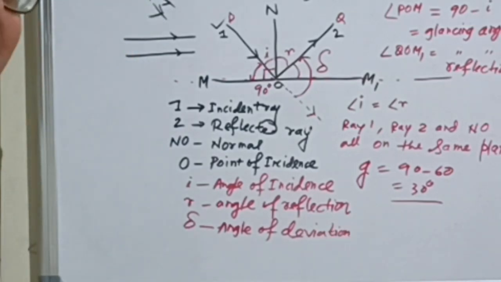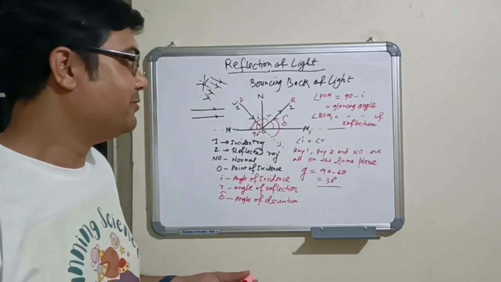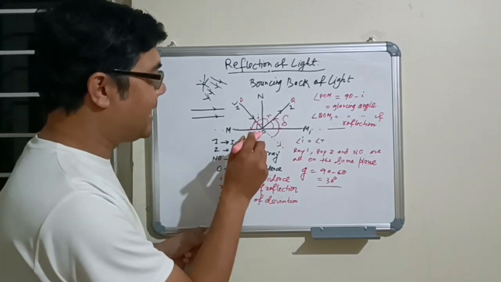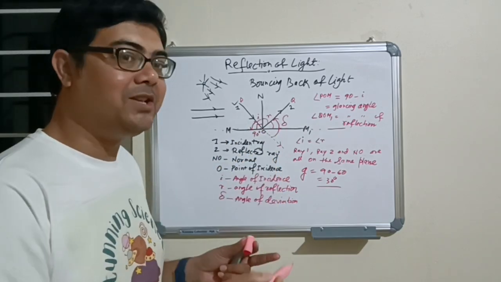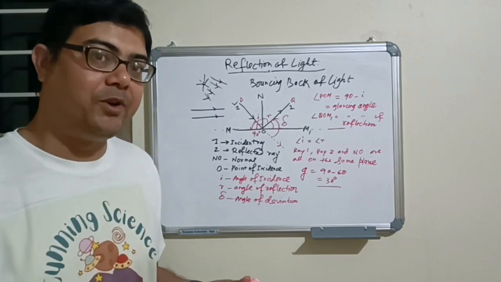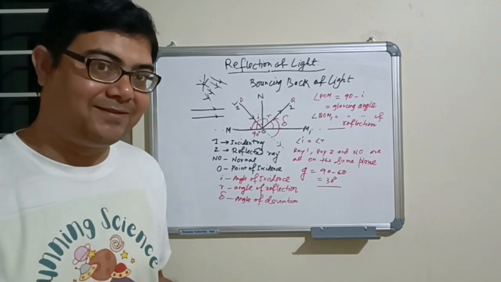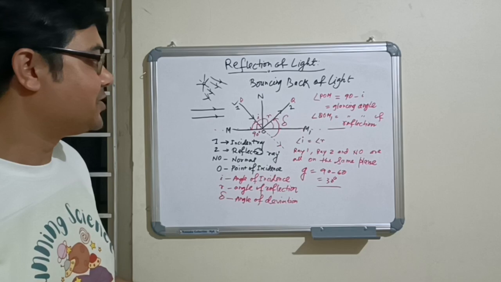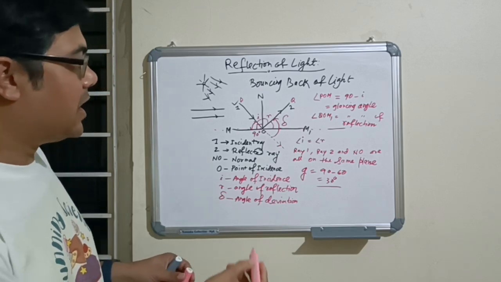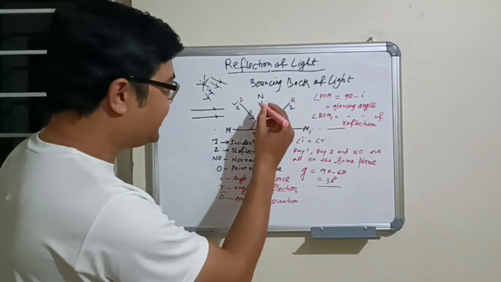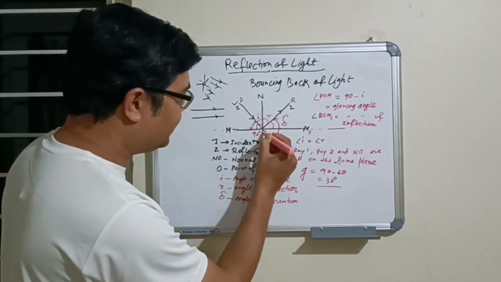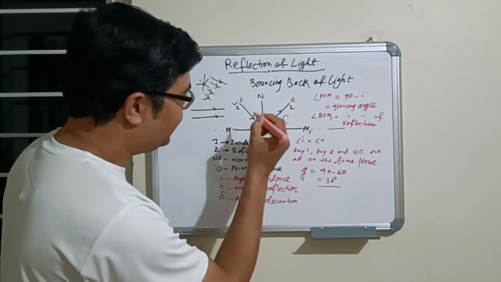So deviation means, you obviously know, when the mirror is there, how much light bends from its original path. That is called the angle of deviation. Simply see how to find this angle. Simple geometry. It is normal, so you just extend back.